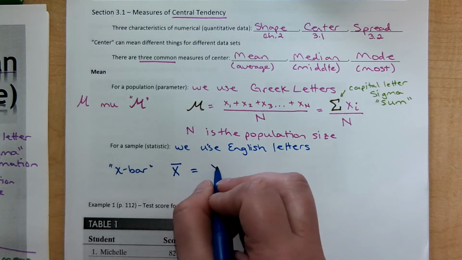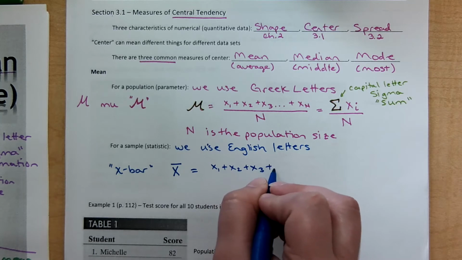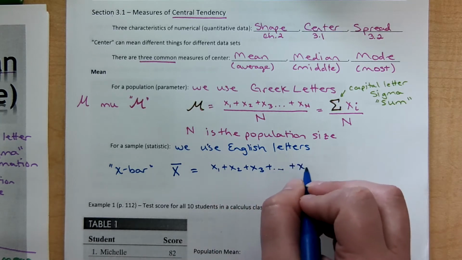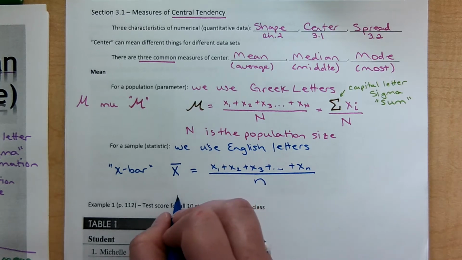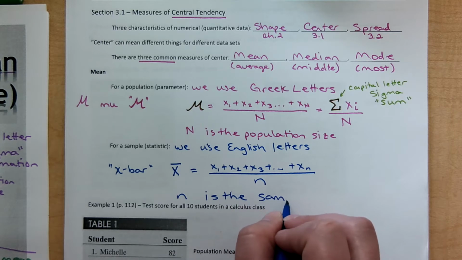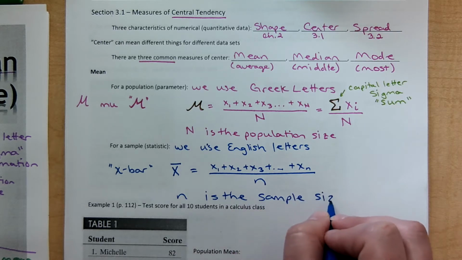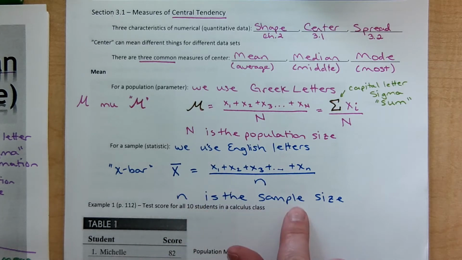And it's the same calculation, x1, x2, x3, however many you have, divided by lowercase n. Remember, lowercase n is the sample size. So capital N is the population size, lowercase n is the sample size.